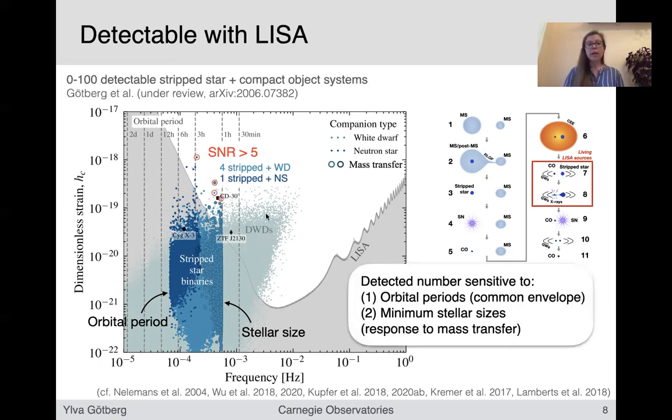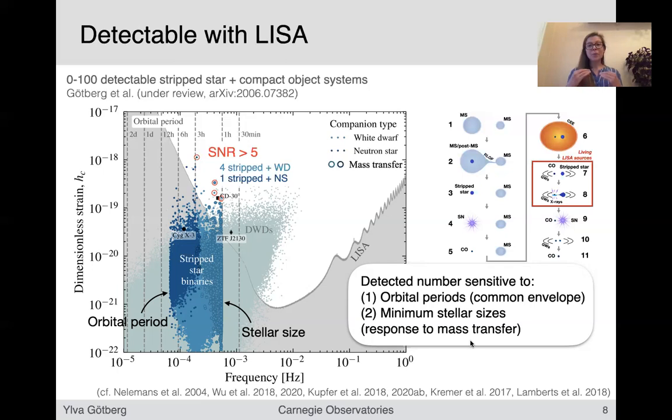So finally, the detected number of these stripped stars with LISA is sensitive to the orbital period, which comes out from the common envelope, and the minimum stellar sizes, which also includes how the star reacts to mass transfer. Now, as you can see, these two properties are linked to stellar astrophysics and binary stellar evolution.